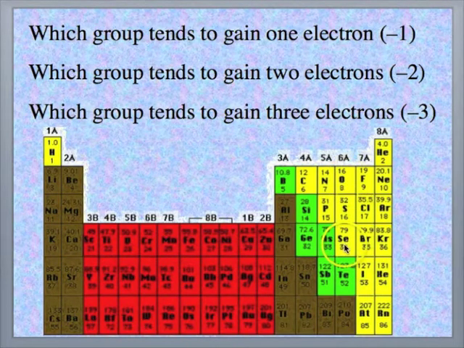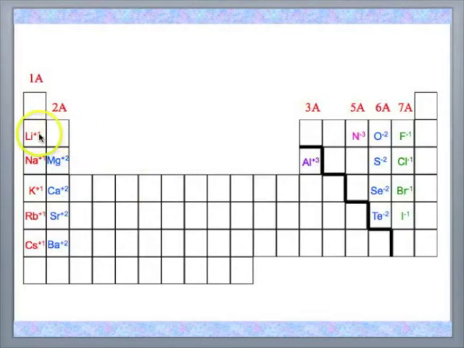Oxygen, sulfur, selenium, all tend to gain 2 electrons to become a -2 anion. Nitrogen and phosphorus can gain 3 electrons to become a -3 anion. So you should definitely know these trends of loss or gain of electrons of elements in the periodic table. The metals tend to lose electrons, either 1 electron or 2 or 3. The nonmetals tend to gain electrons, either -1, -2, or -3, by gaining 1, 2, or 3 electrons.